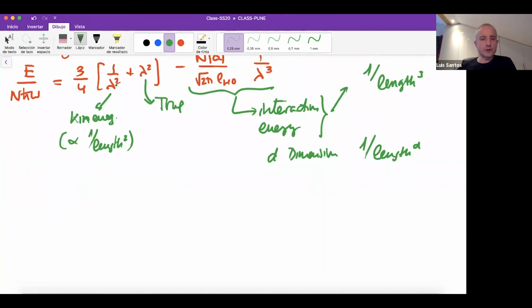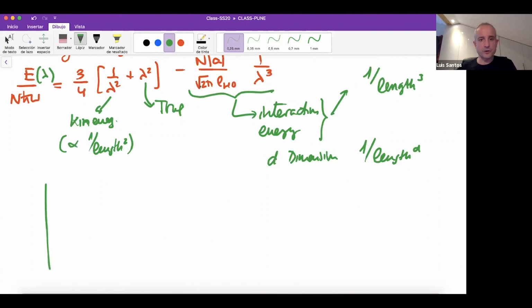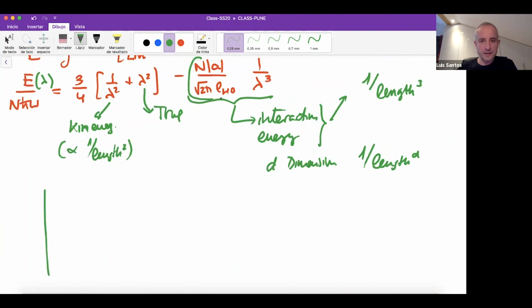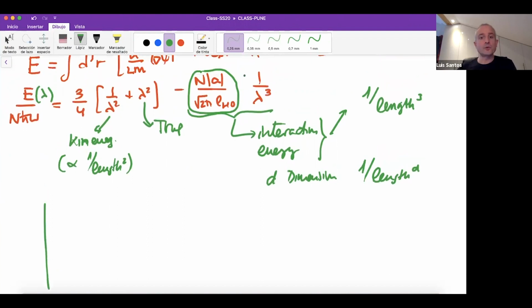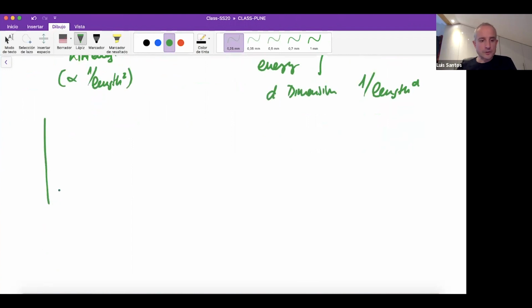Okay, so if now you plot this energy functional as a function of lambda for different values of n, you see that this is the proper number here, which incidentally you should remember is what we had before for the Thomas-Fermi limit. So if we plot now E of lambda as a function of lambda for different values of the number of particles, then you always get curves of the following form.